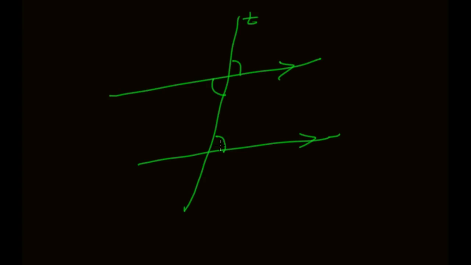And then the alternate exteriors also have to be congruent. So those four angles all have to be the same size. The same side interiors have to be supplementary, so these two have to be adding to 180. This one and this one are vertical, so those have to be the same size.